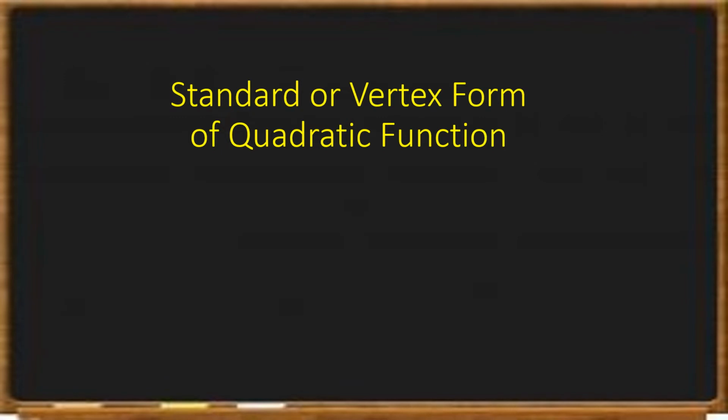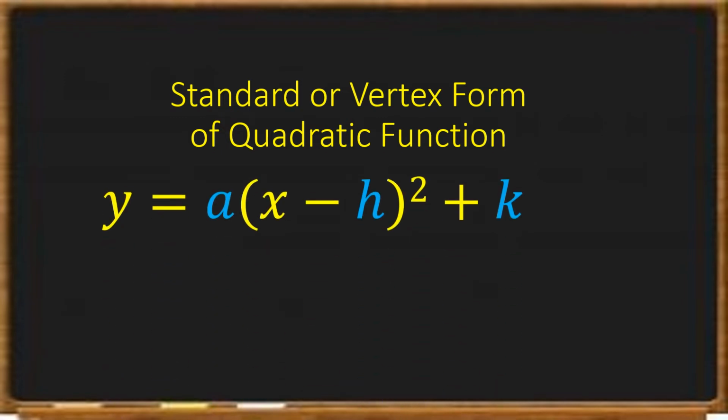The standard or vertex form of quadratic function is y equals a times the quantity of x minus h squared plus k. So you have there a, h, and k, the blue letters.